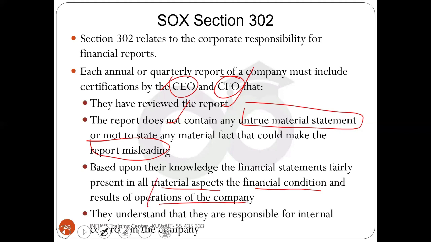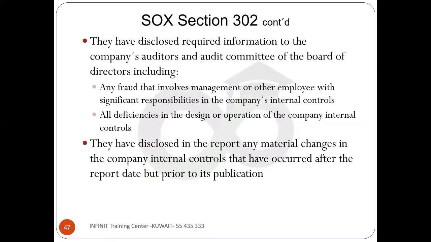And also they understand that they are responsible for internal control in the organization. So they have to make this statement along with the financial reports they make. They have disclosed required information to the company's auditors and the audit committee of the board of directors, including any fraud that involves the management or any other employee, or any deficiencies in the design or operation of the company's internal control.